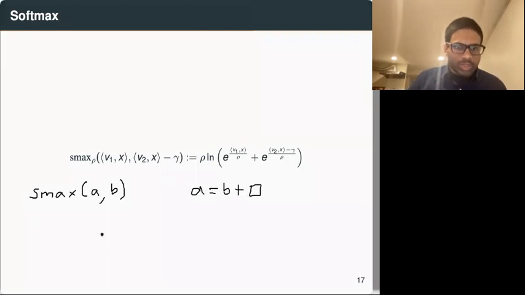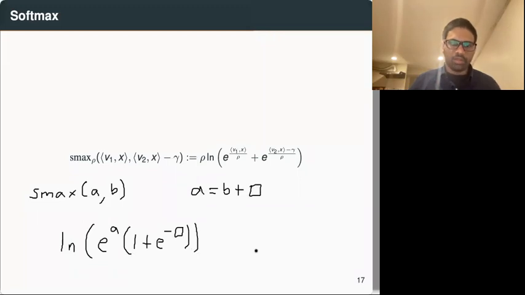So then we're taking the log of e to the A plus e to the B, which is e to the A times 1 plus e to the minus box. So this is the value of the softmax, which is actually equal to A plus log of 1 plus e to the minus box.